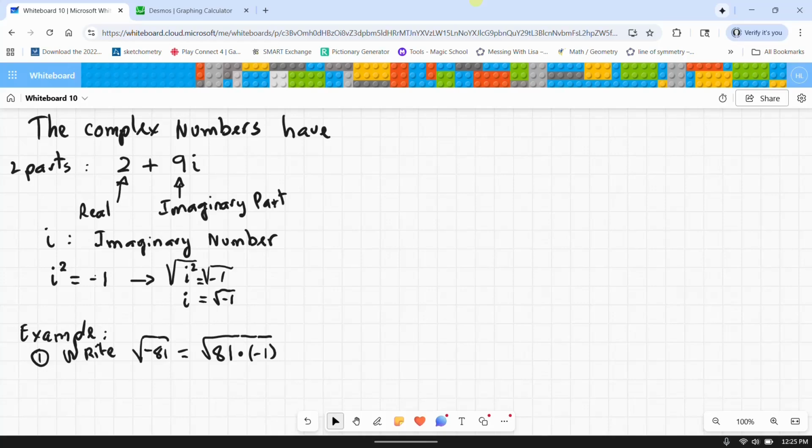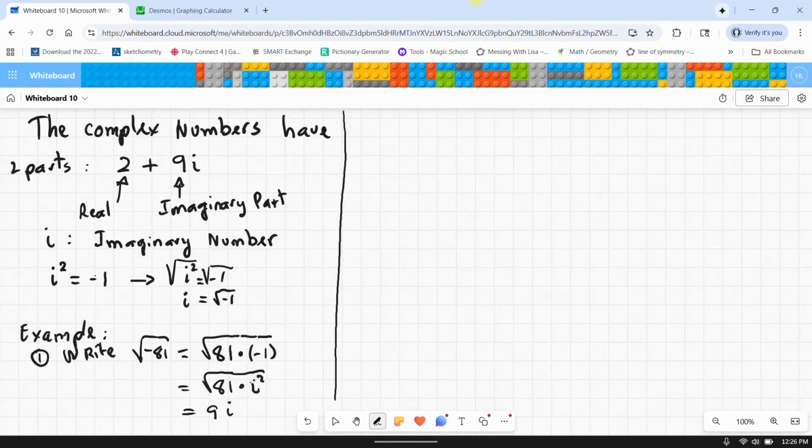So we split a little bit further: square root of 81 multiplied by the square root of -1, where we replace the -1 with i squared. Now the square root of 81 is 9, and the square root of i squared is i.